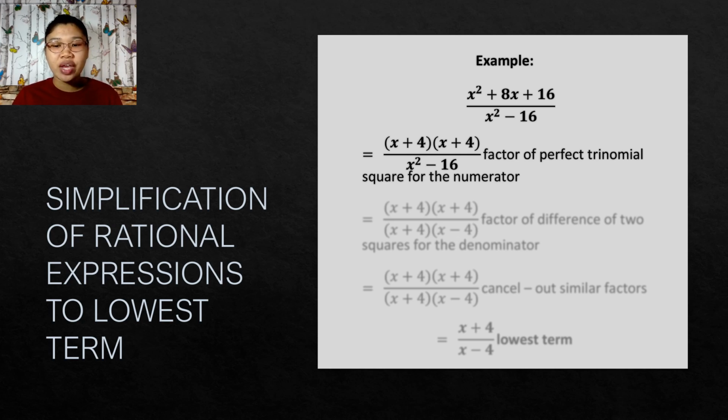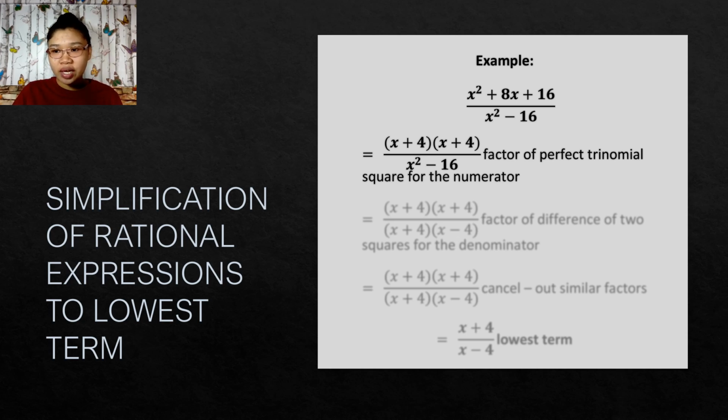First we factor the numerator, a perfect square trinomial, wherein the factor is x plus 4 multiplied by x plus 4. If you want to have more knowledge about factoring, I have a video about polynomials, special products, and factoring. If you want to watch it, you may.